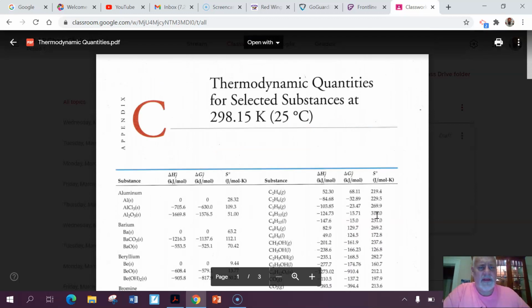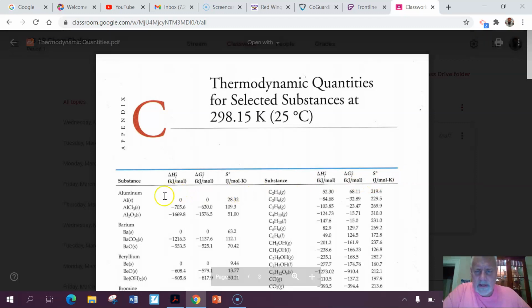One thing is very important to note. This delta G, which we're going to get to later in this unit, is in kilojoules. And look at the entropy, joules. It's just not as big of a factor as heat is in thermodynamics. It's important, and it will affect results, but the numbers are smaller, so they're always given in joules.